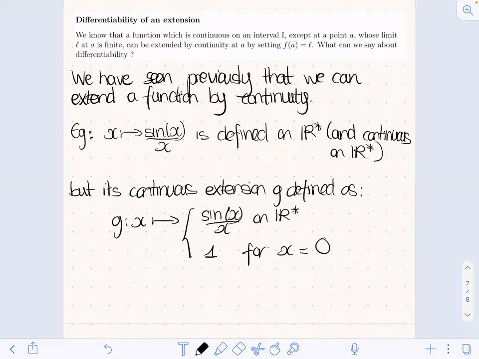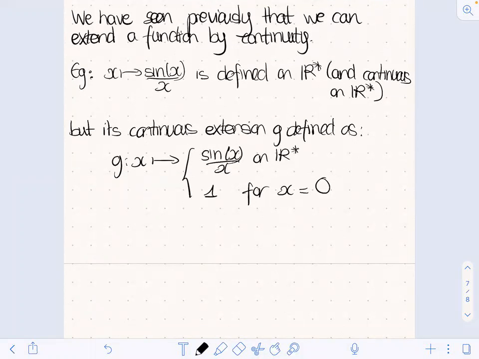Where is that continuous now? On R. Yeah, absolutely.